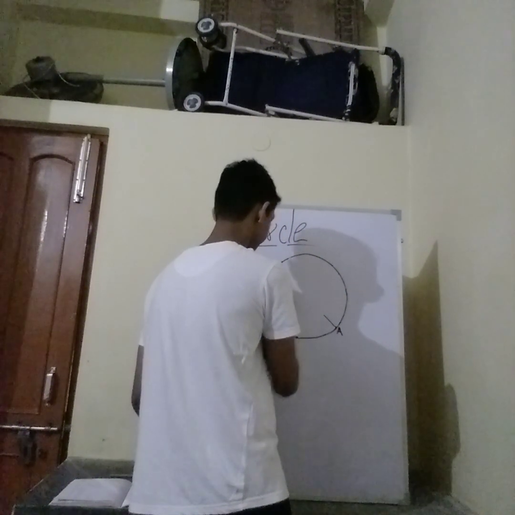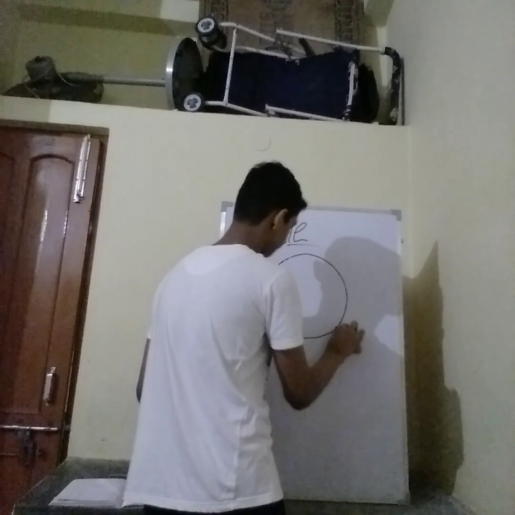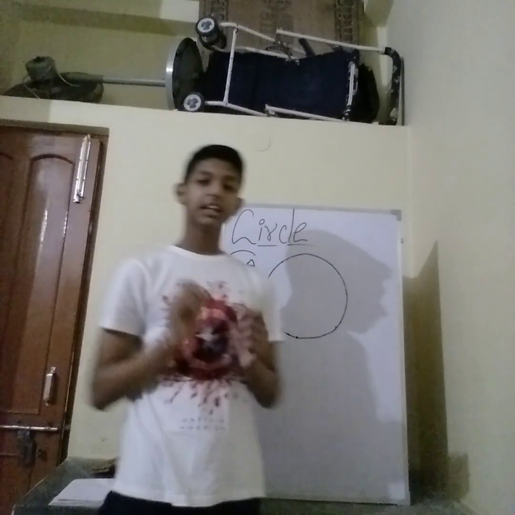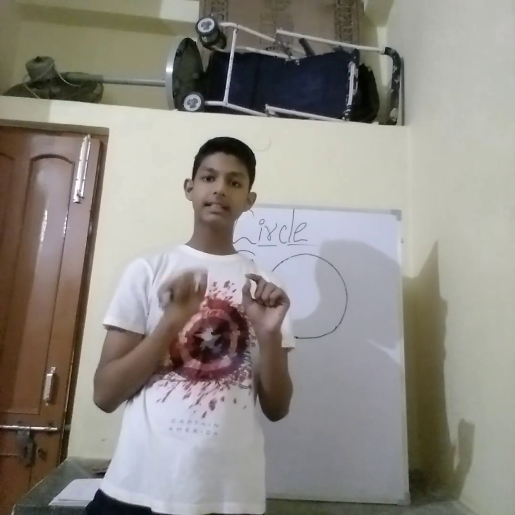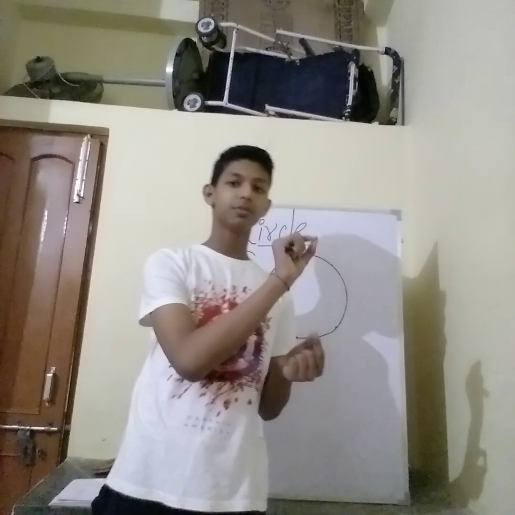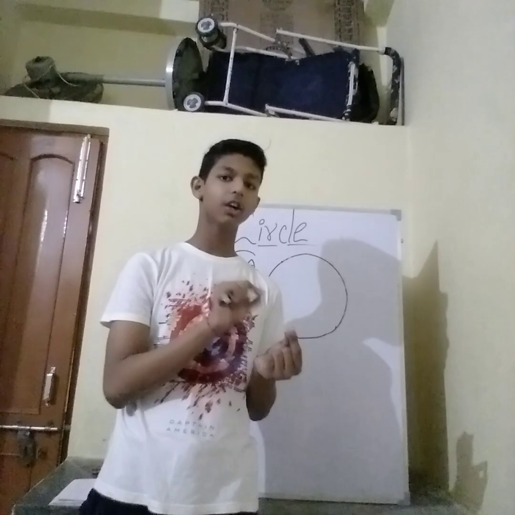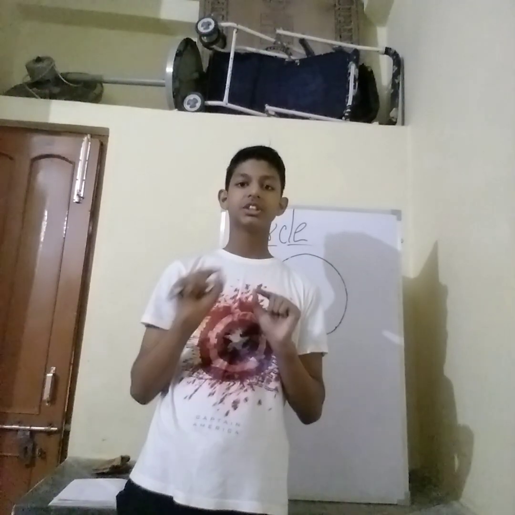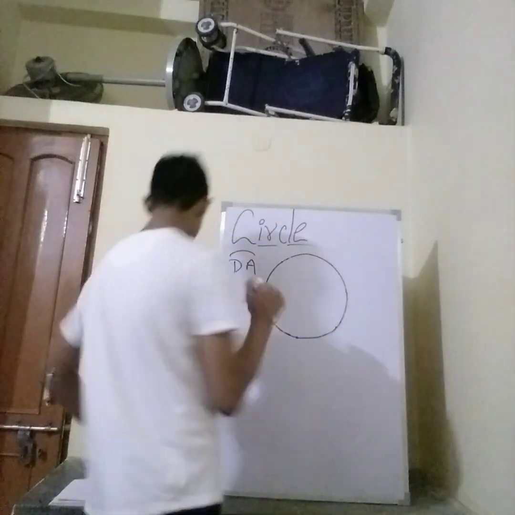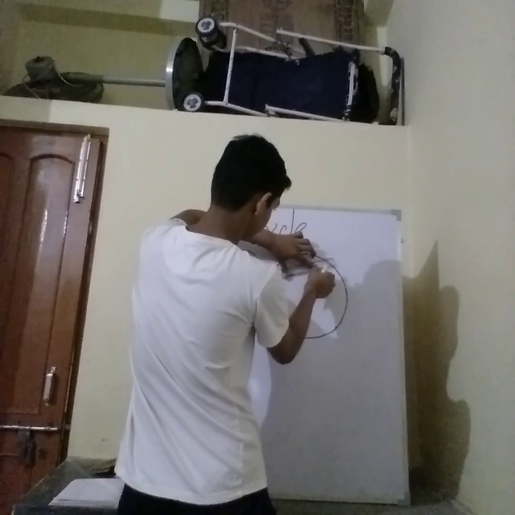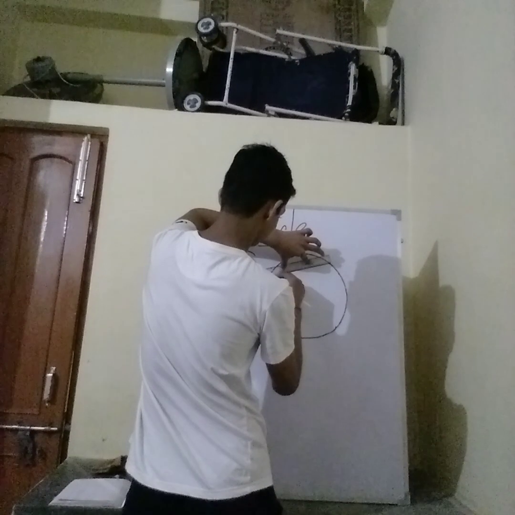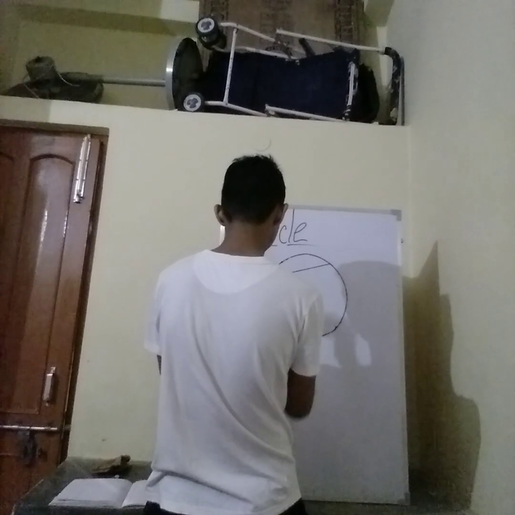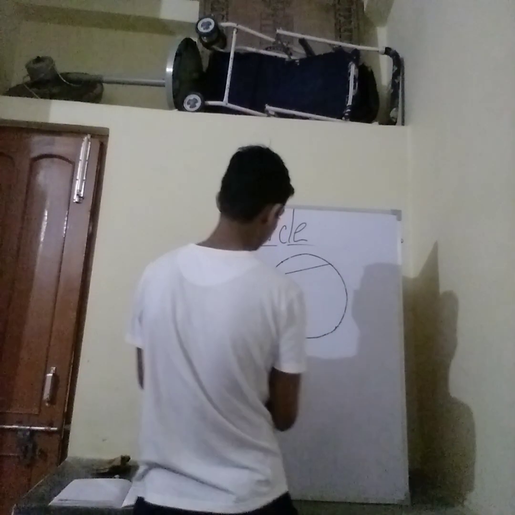If a quadrilateral ABCD has all four vertices lying on the circumference of the circle, then that quadrilateral is a cyclic quadrilateral, somewhat like this.